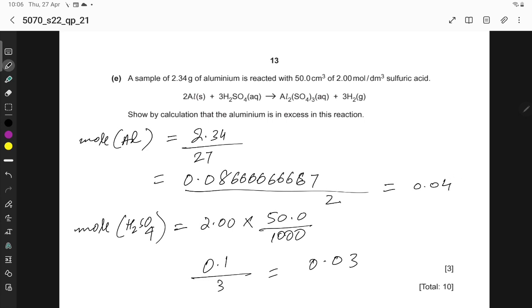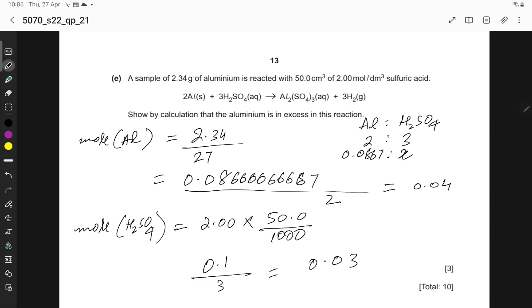Or in other words, aluminium to H2SO4 is in the ratio 2:3.